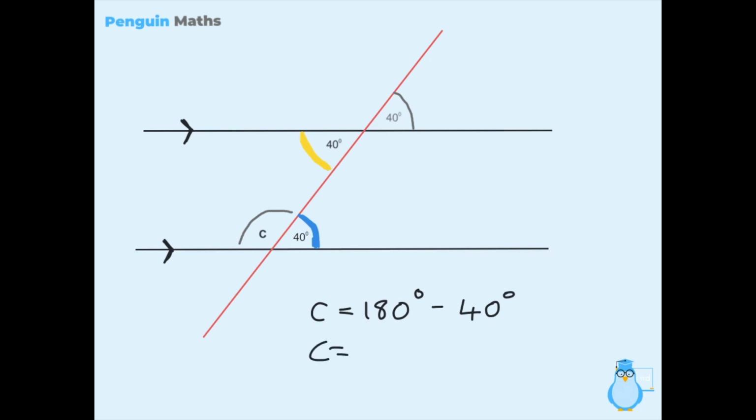Therefore, angle C is equal to 140 degrees. So in this problem, we use the rule of vertically opposite angles to calculate A, alternate angles to calculate B, and the rule that in order to make a straight line, the angles must add up to 180. Therefore, angle C is equal to 140.